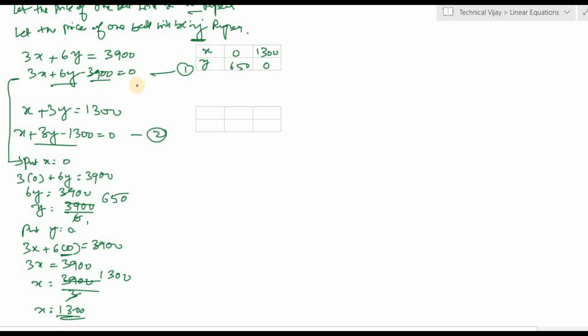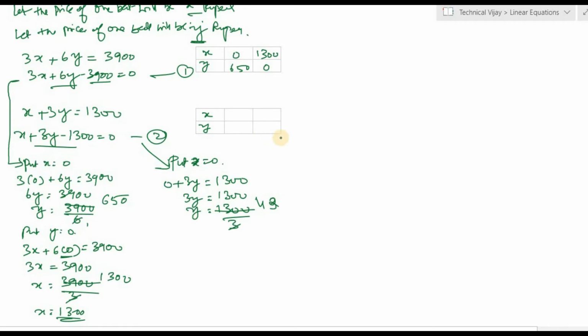So in the same way we have to represent this equation also. So here x and y, we will consider this equation. So put x is equal to 0 here. 0 plus 3y is equal to 1300. 3y is equal to 1300. So y is equal to 1300 divided by 3. 3 fours are 12. So 10. 3 threes are 9, so here 433.33.